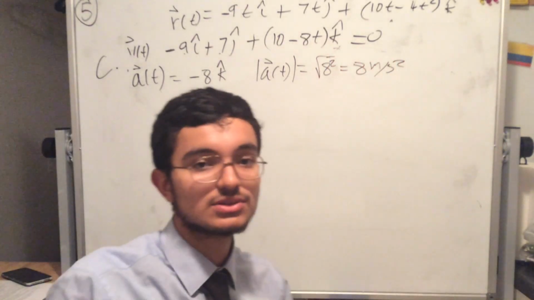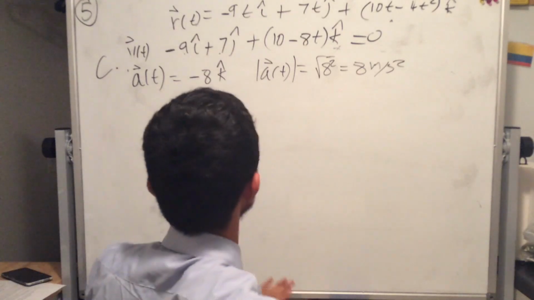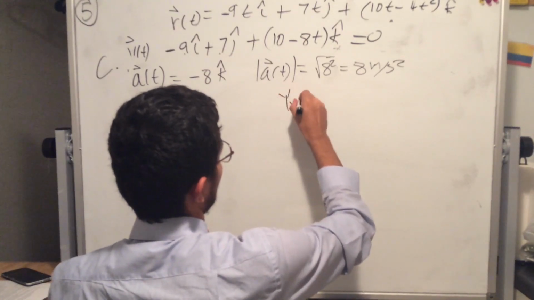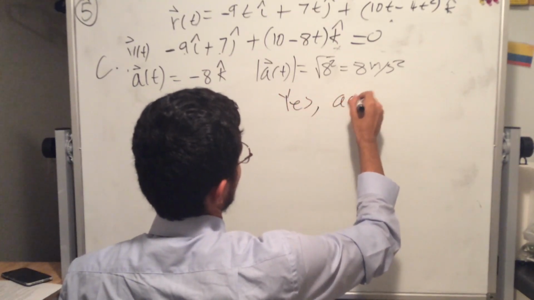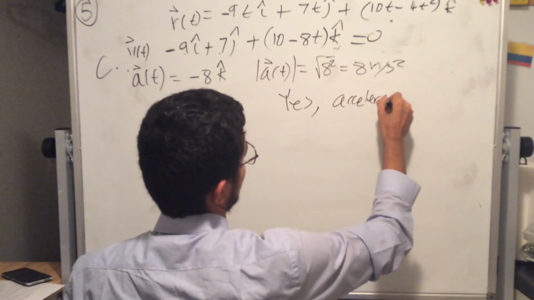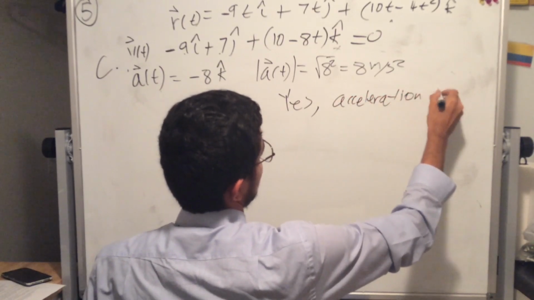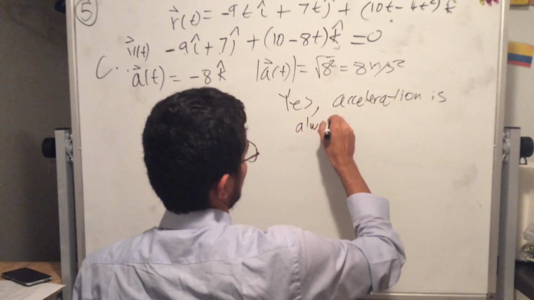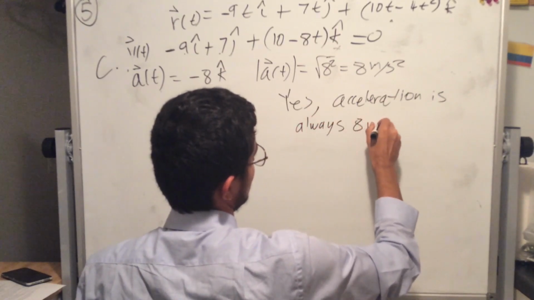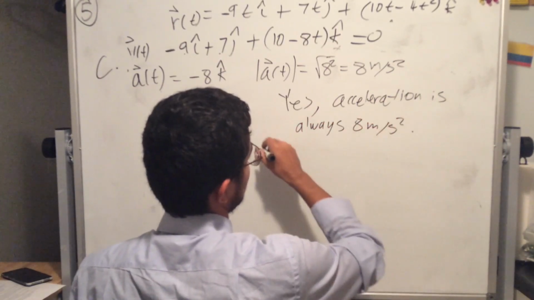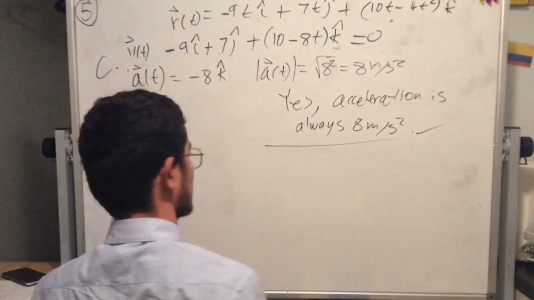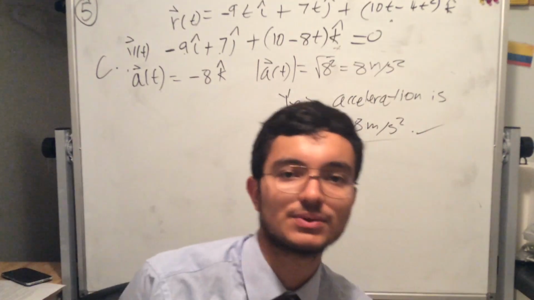So the acceleration is always constant. It's always 8 meters per second squared, so yes, acceleration is always 8 meters per second squared. So it is constant.